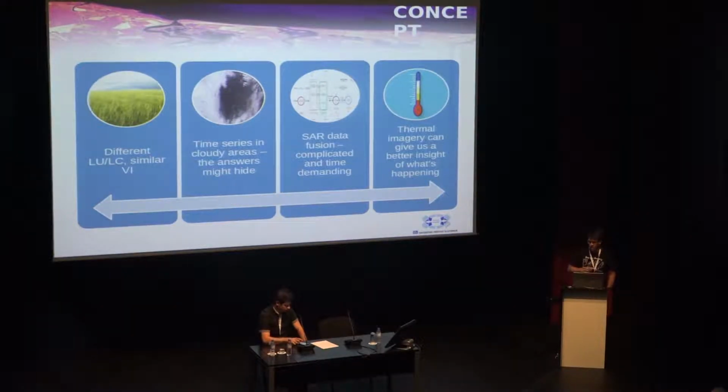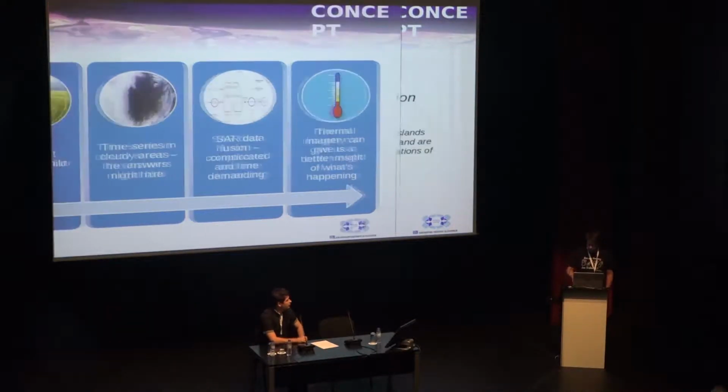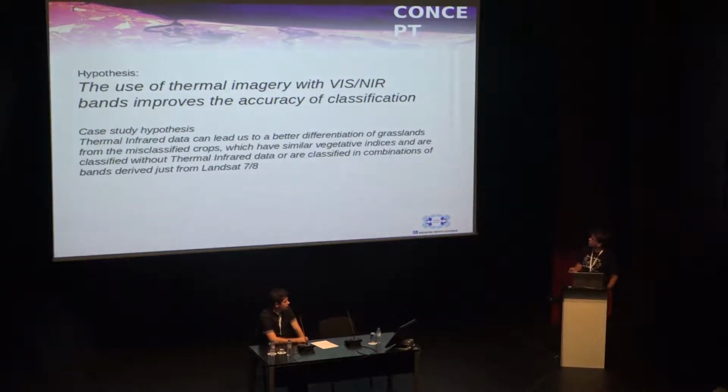So our hypothesis was based on the fact that the thermal imagery can give us a better insight of what's happening on the land cover, and we said that the usage of the thermal imagery with visible and infrared bands can improve the accuracy of our classification.